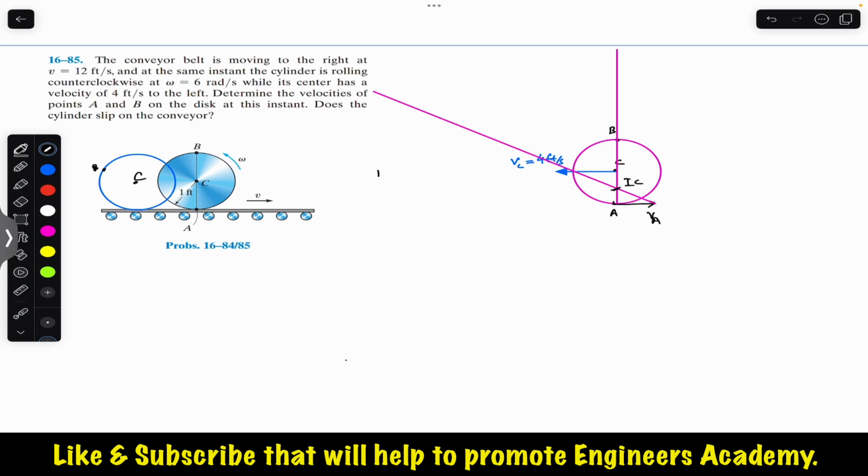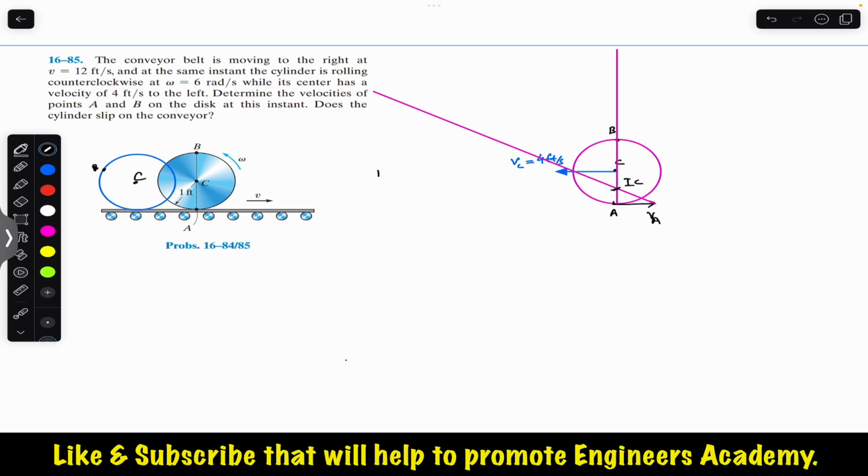Then for B, its velocity must be towards the left in order to obey this rule of finding the instantaneous center. We cannot draw the velocity of B towards the right, since this line must meet the tail and this line must meet the head of the velocity of B in order to satisfy the definition of the instantaneous center of zero velocity.